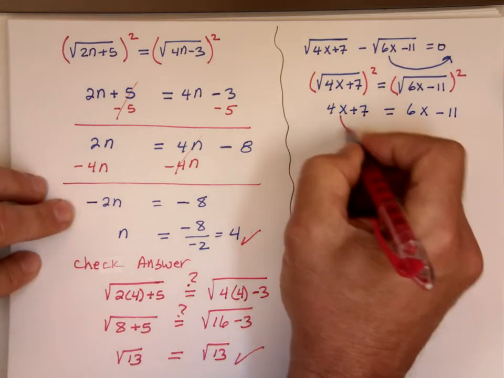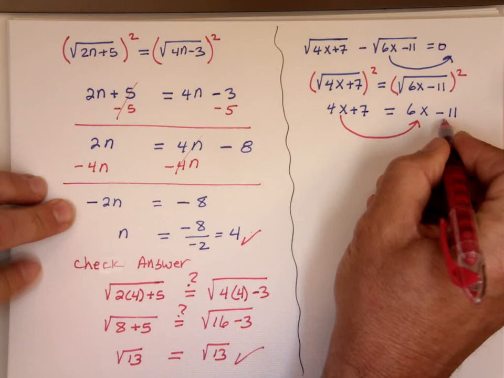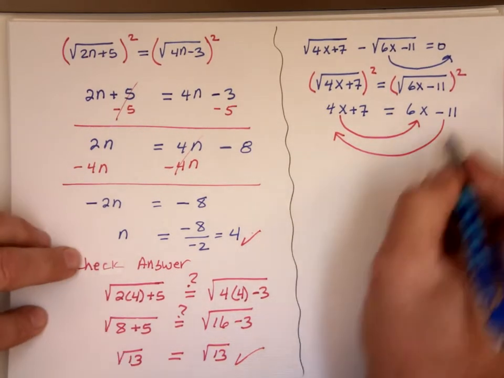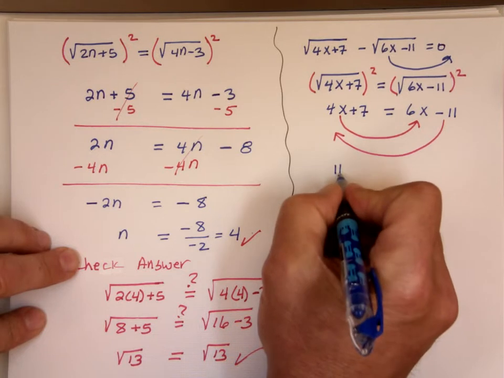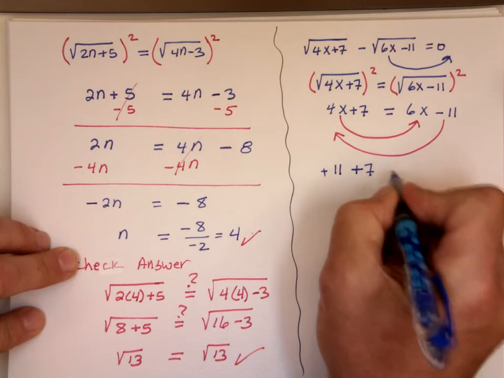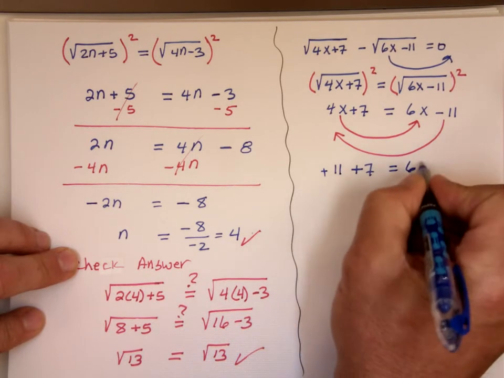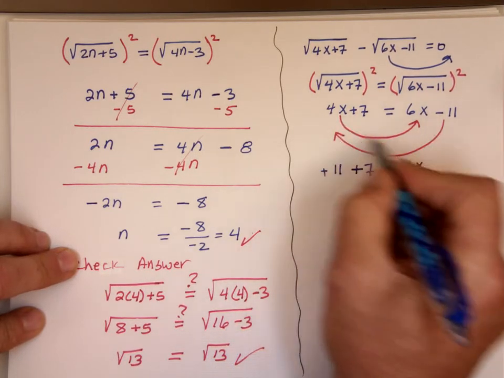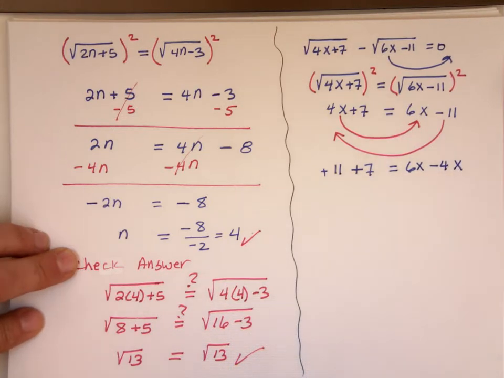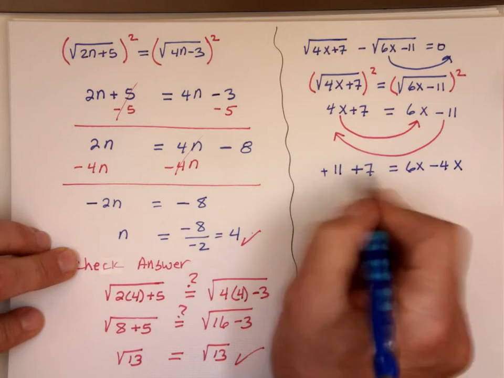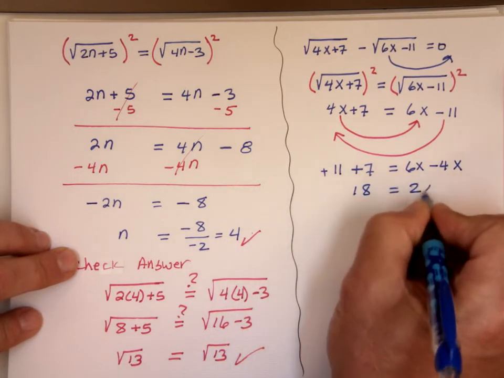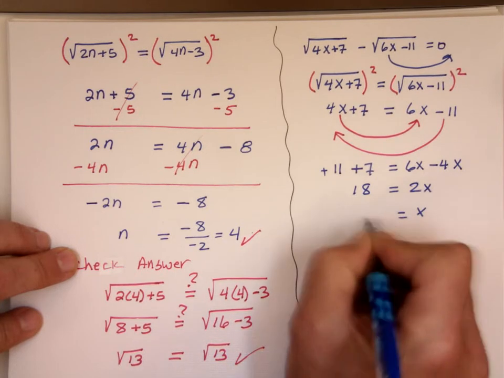Maybe I'll move the 4x to this side, move the negative 11 to that side. When I bring that negative 11 to this side, it becomes 11 plus the 7, equals, here's the 6x, I didn't move that one. When I bring the 4x to this side, it becomes a negative 4x. 11 and 7 is what? 18 equals 2x, x equals 9.